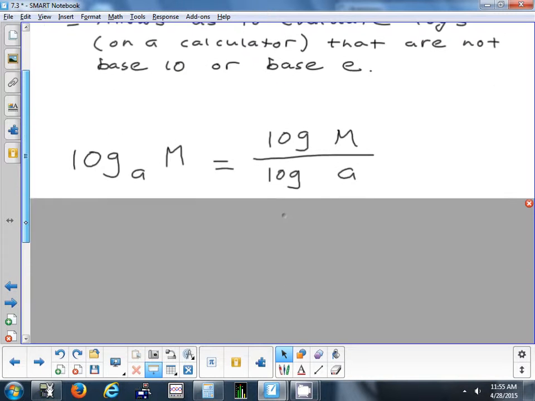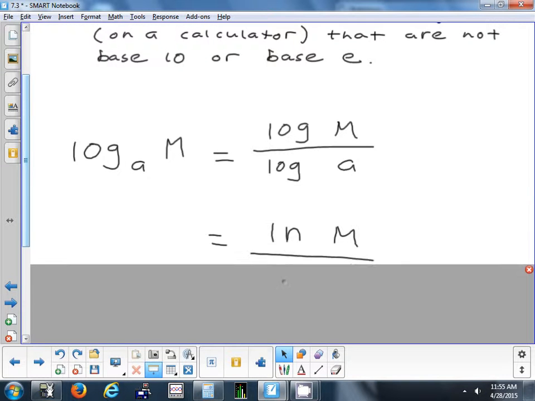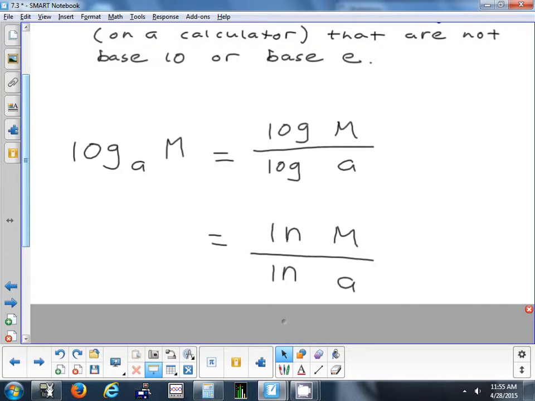If you don't have a common log button and all you had was a natural log button, you could also type it in that way. I would not recommend writing both of these down. I would do it one way or the other. They will come out the same, and I'll show you that. Either do it this way, using logs, or do it the bottom way, using ln's.